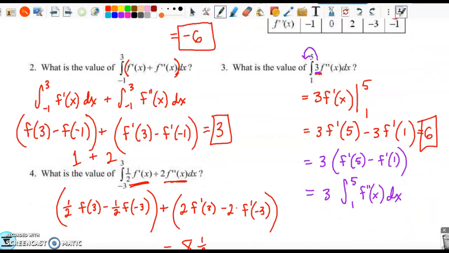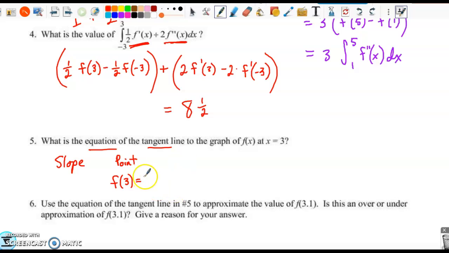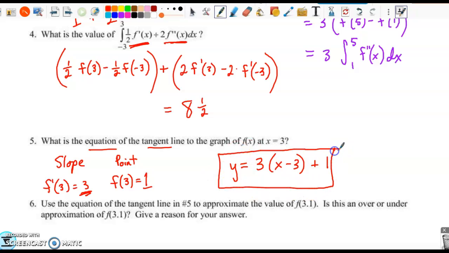So that tells me that the y-coordinate's 1, and the slope would be 3. So I just care about that. So the equation of the tangent line, remember, I like to see y equals the slope, x minus the x-coordinate, and then plus the y-coordinate moved over this way. It's usually how people want to write it.